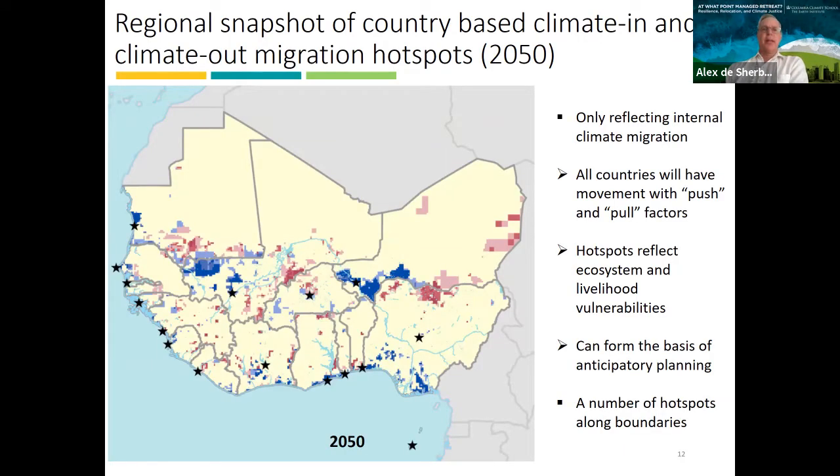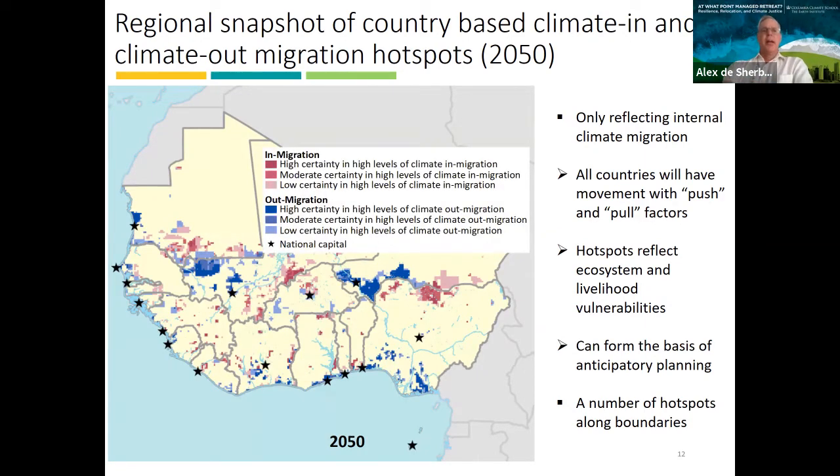So at a regional level, if you look at the hotspots map, as we call them, these are maps that basically show the level of agreement across the 4 scenarios. So the high certainty means that all 4 scenarios suggest that there'll be at the top 10 percentile of in or out migration from these areas.